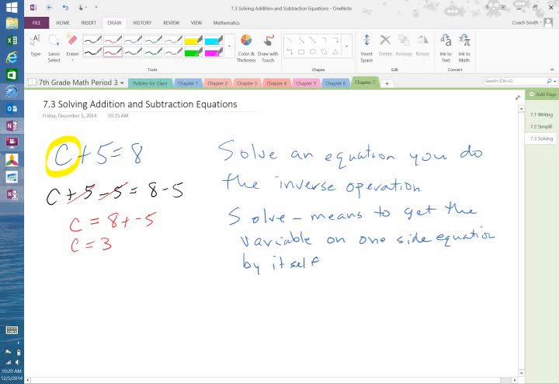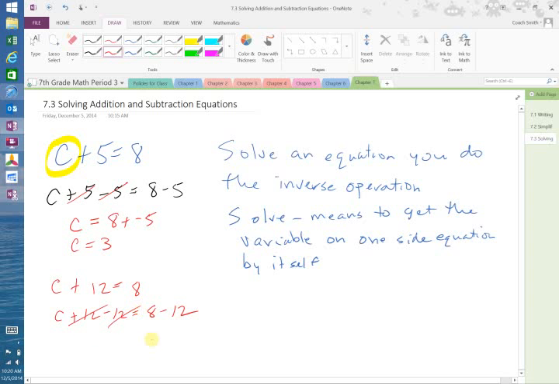Why would we have to? Because you're going to have a problem in a few minutes that looks like that. And so if I have something that looks like that, you're going to have that right there. And there are no mathematical rules for 8 minus 12. However, there are mathematical rules.